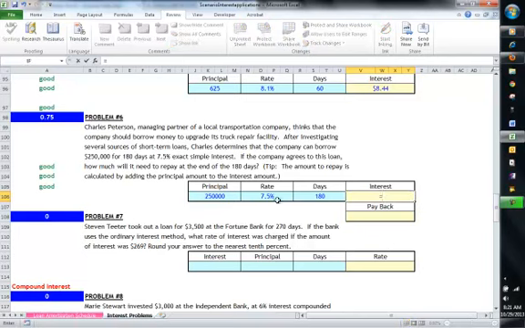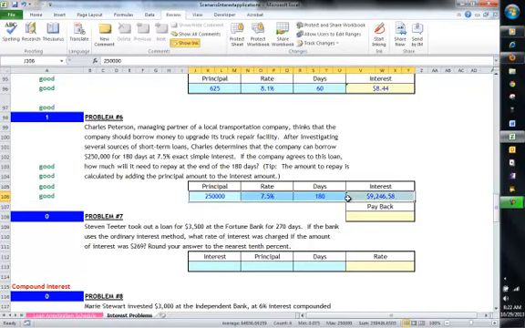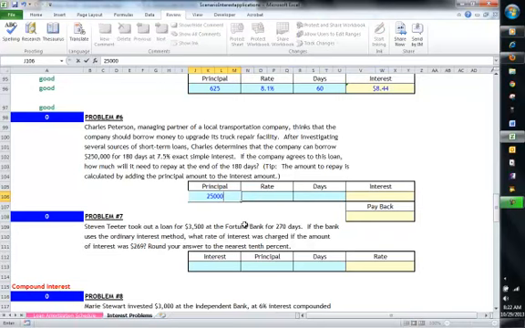So his interest is the principal times the rate times the number of days, and it says exact, so divided by 365. Okay, so for number 6, the principal is 250,000. The rate is 0.075. The days is 180 days.